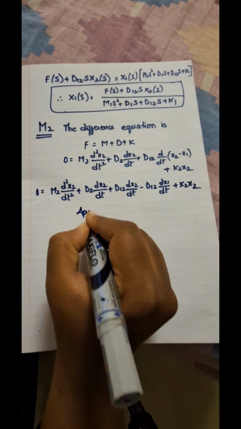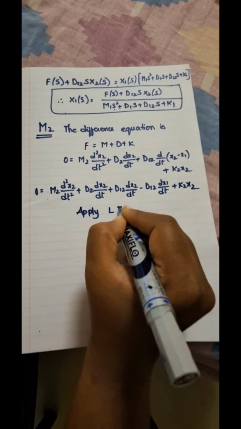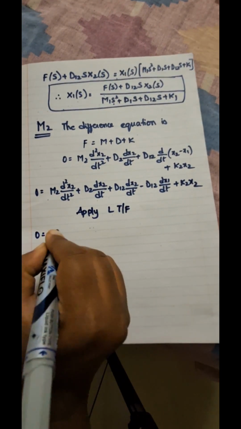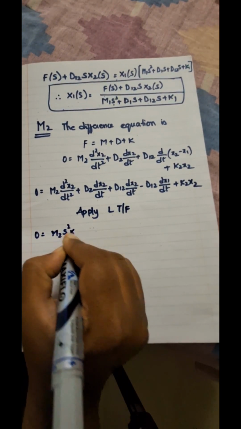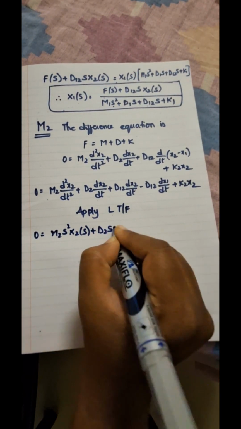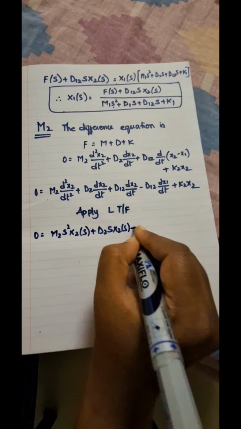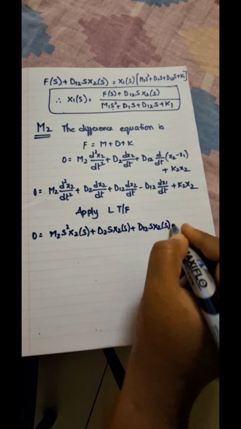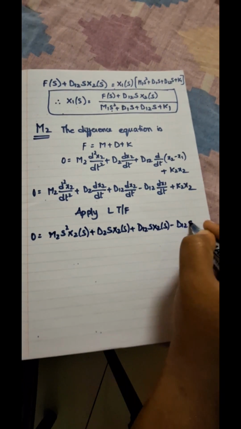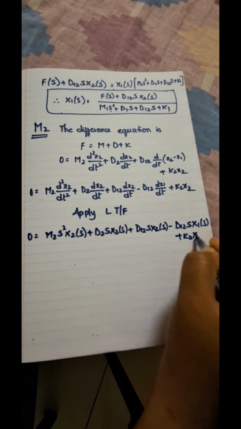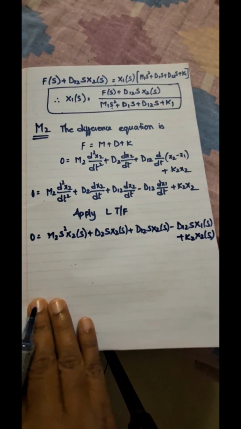Apply Laplace transform on both sides. So 0 is equals to m2 s square x2 of s plus d2 s x2 of s plus d12 s x2 of s minus d12 s x1 of s plus k2 x2 of s.